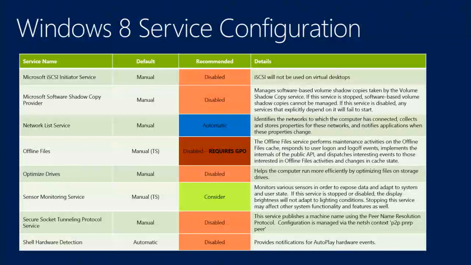What we found is that if you disable the offline files service, it doesn't quite do everything that should be happening in the profile load. You'll end up breaking things like roaming profiles and whatnot to some extent, or at least you have the potential to. So we would advise, basically from the product group, they looked at what we were doing and said, yeah, for that one you need to use this GPO. And so we actually list the GPO, hey, you need to go do this. That's on the blog.